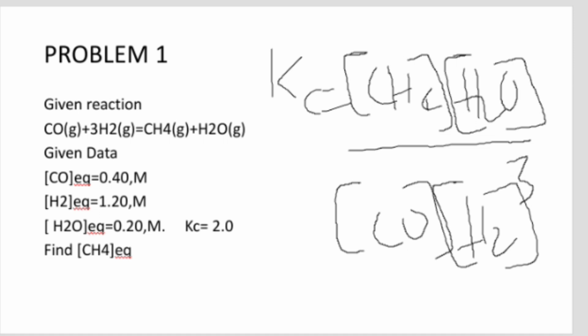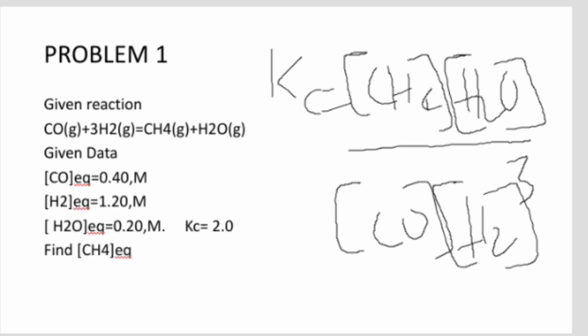Now, just from this Kc expression, you can see that we can find the answer easily, because we have the value of Kc, we have the value of water, we have the value of CO, we have the value of H2. The only value that is missing is CH4. So our job is just to plug the values into the Kc expression.